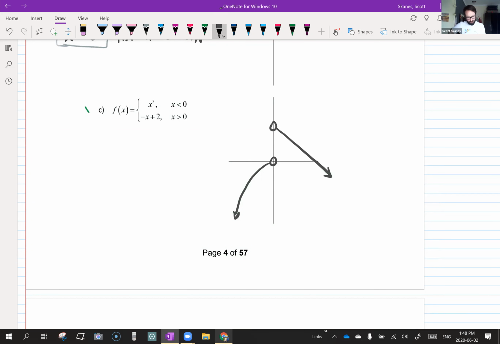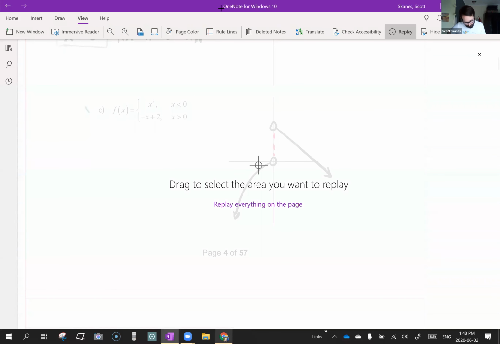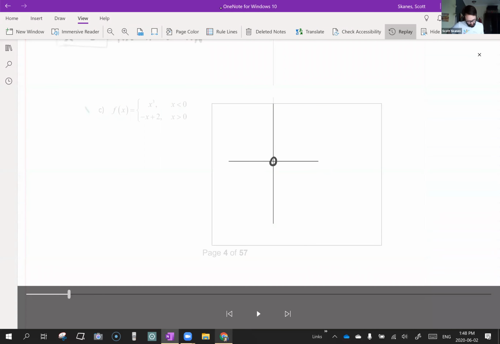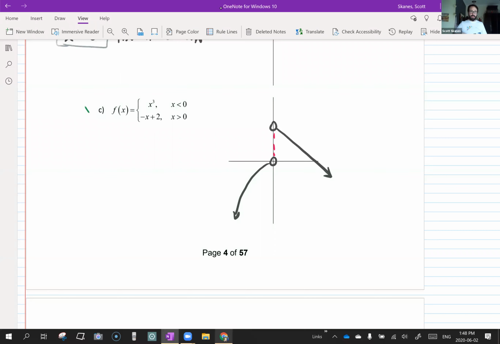What's happening here? Well, there's clearly a gap. We can't draw the function without lifting our pencil or pen. Just like you saw me do, when I drew this, I had to draw part of it, and then obviously I had to lift my pencil to draw the rest. So right away, that's a jump.